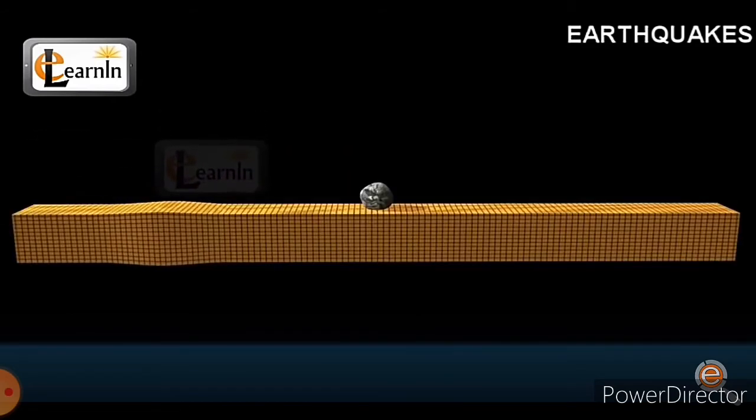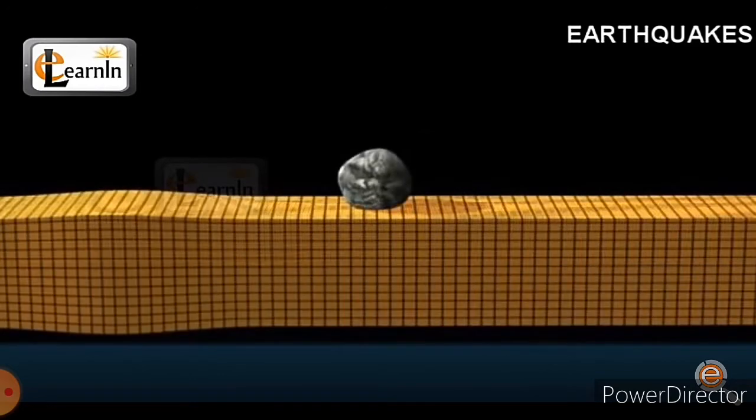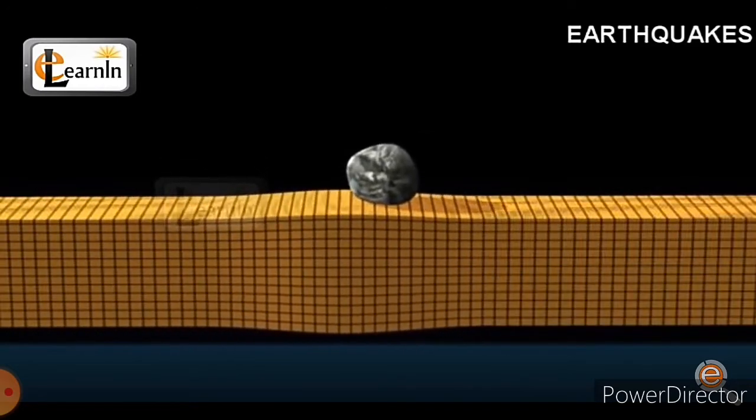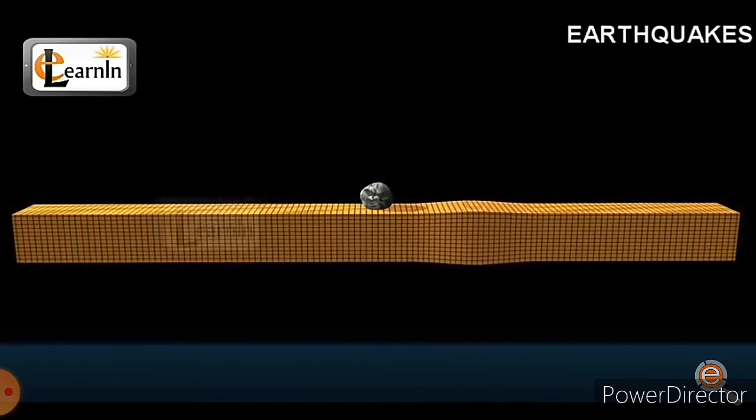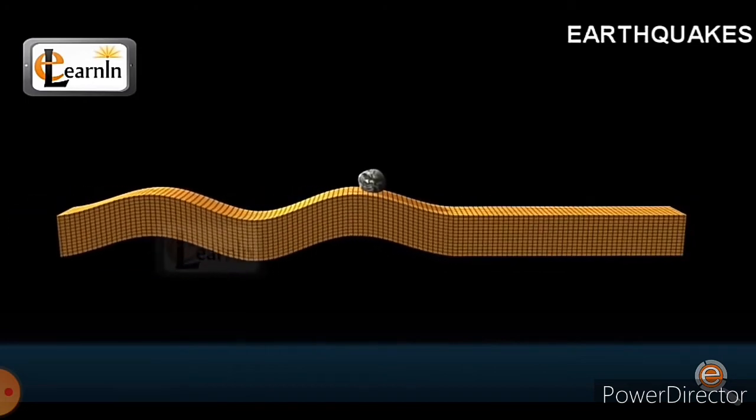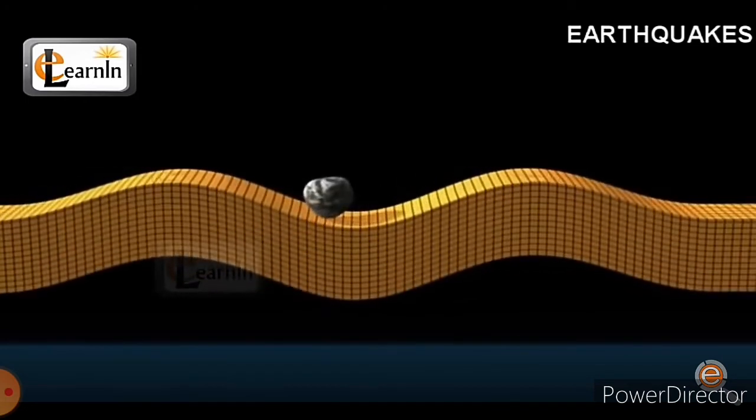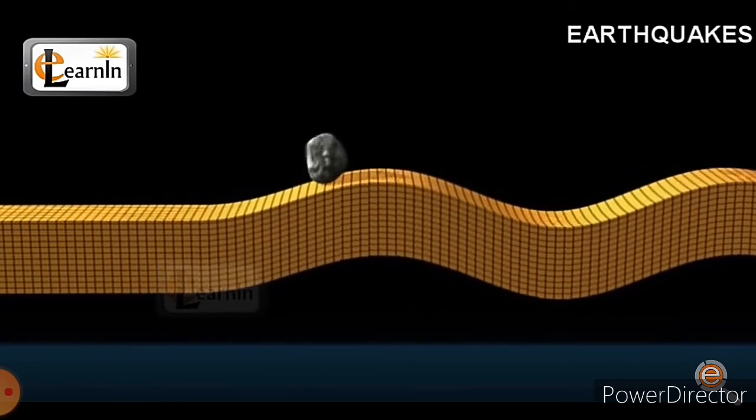The primary waves cause the particles to vibrate forwards and backwards in the direction of the waves. Secondary waves, on the other hand, cause the particles to oscillate at right angles to the direction of the waves.